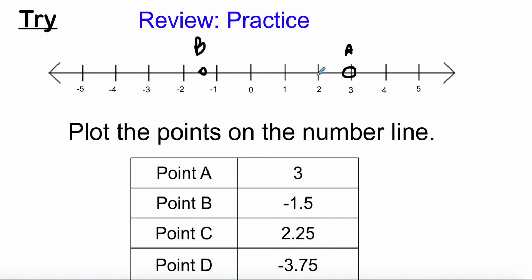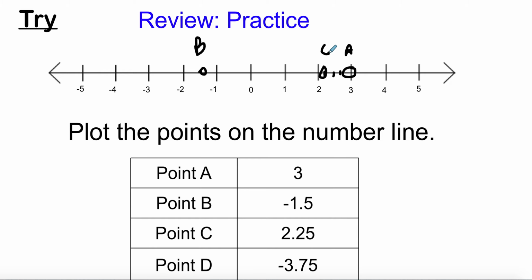Now it lies between 2 and 3. So if we assume that this is one whole, right? Half of it is here, another quarter is here, and another quarter is here, right? So it's 2.25, between 2 and 2.50. So this is going to be point C.